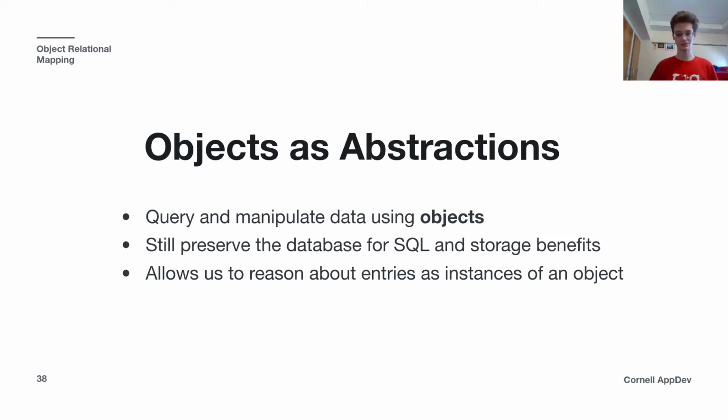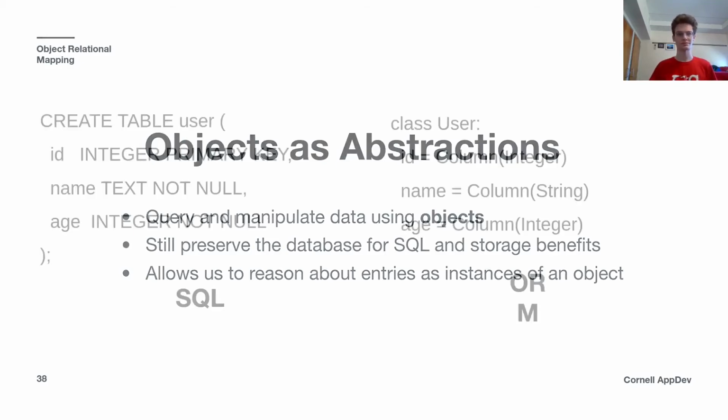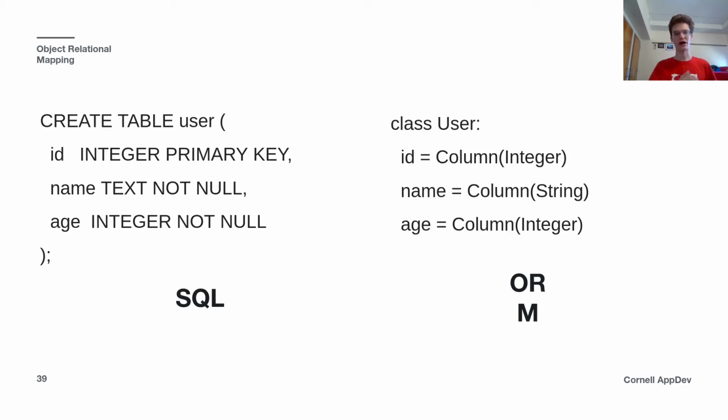So this can sometimes make your code a bit easier to reason about, because you can more directly interact with your entities instead of having to construct these queries whenever you want to modify them or anything like that. So, for example, in SQL, where we would define this table, with an ORM we would define a class with the same three fields that we would define to be columns of certain types.